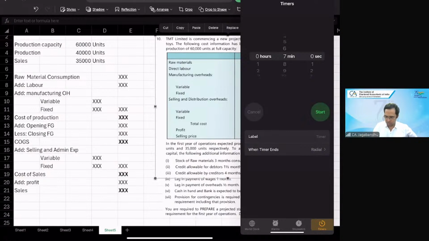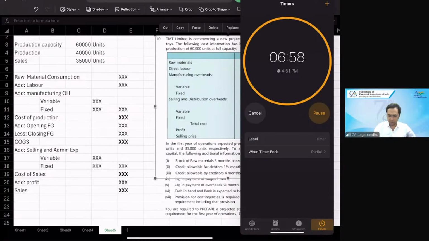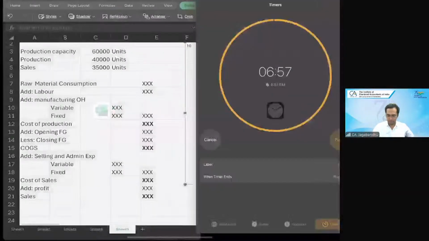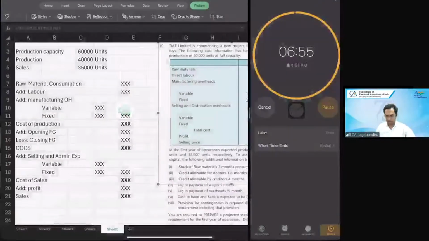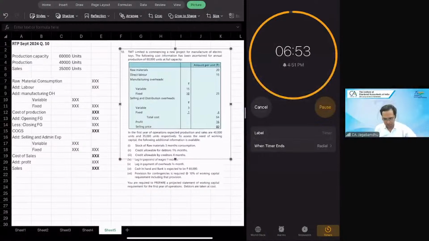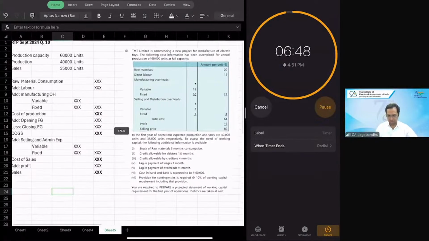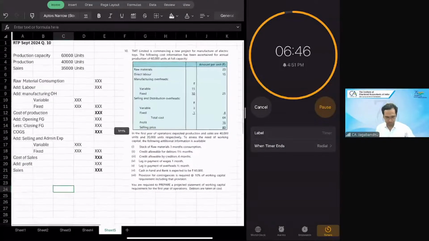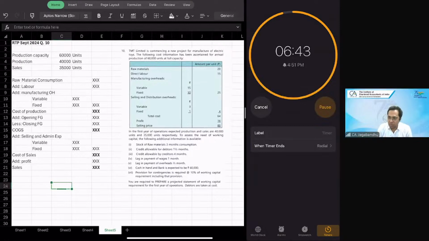Yeah, this is the time which I can allow you. So here we have the timer and the cost structure format with the relevant data on the screen. Try to prepare this cost structure. After that, we will go for estimation of working capital.